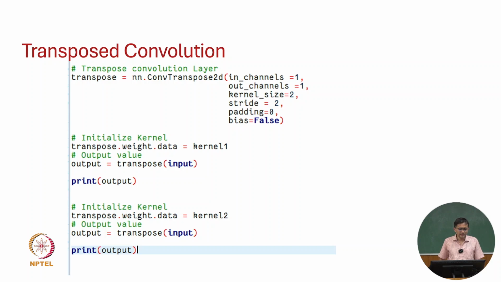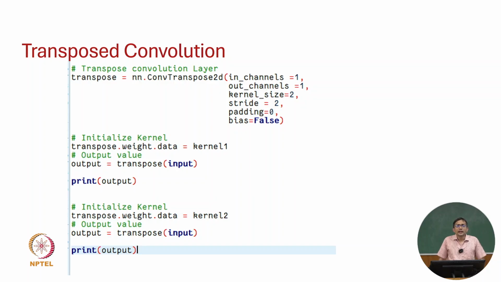So one time you are expected to see the same output that we already saw before. However, the second kernel is a different one, right? So for the second kernel, you would see a different output. So you can already compute this on paper before running this code. And then you can compare the output that you are getting from this code with what you would have obtained on paper.